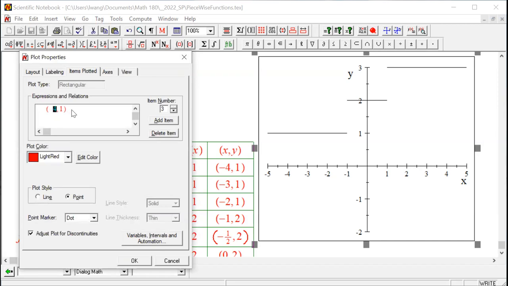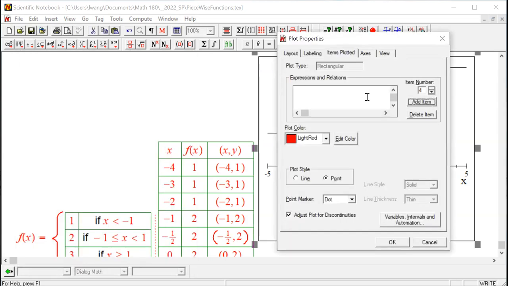So we're going to add these one by one. -3, 1. Okay, add another one. -2, 1. So I'm just adding these points, right? One by one. We just plotted. And the next one is -1, 2, right?